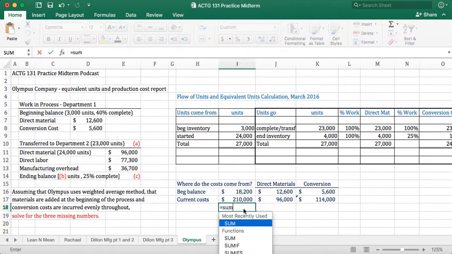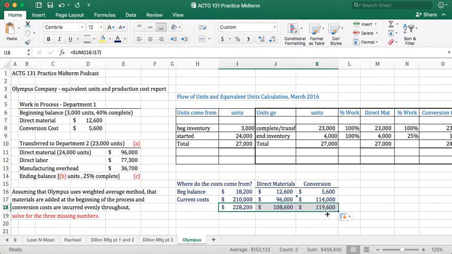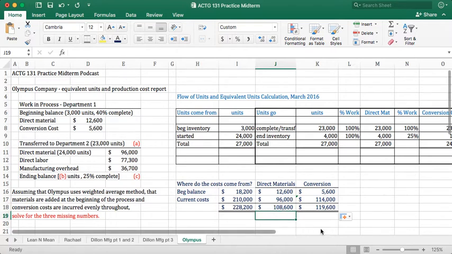Sorry, you're watching my cursor go all around. So we need to account for $228,200, and it's split up between this 108,600, which is direct material, and here's the conversion cost.